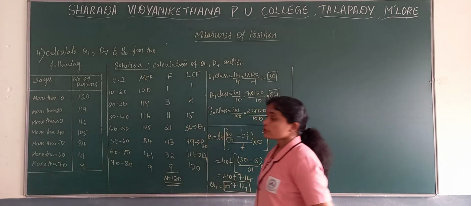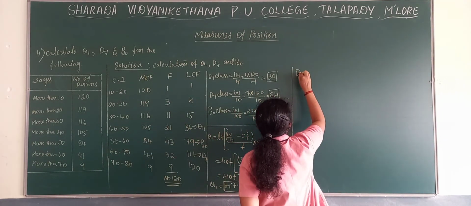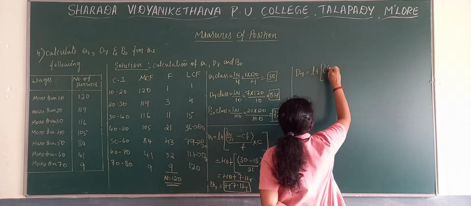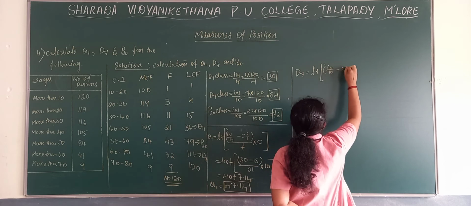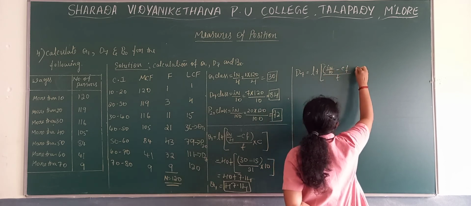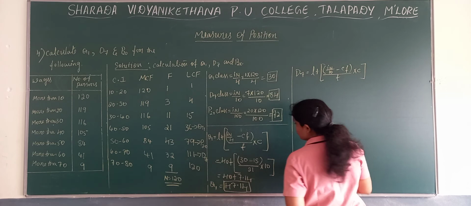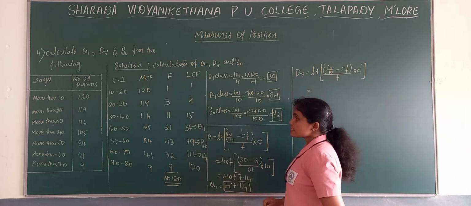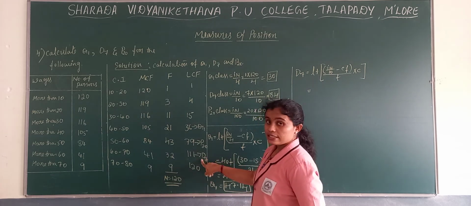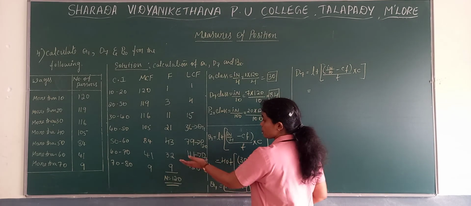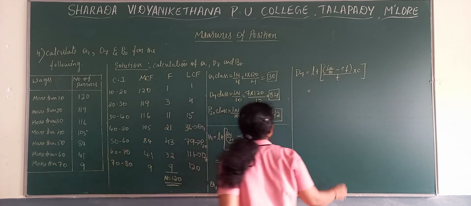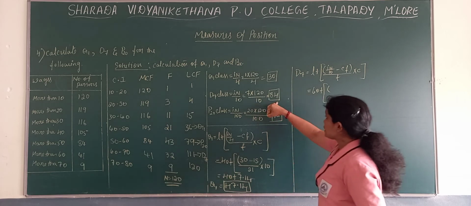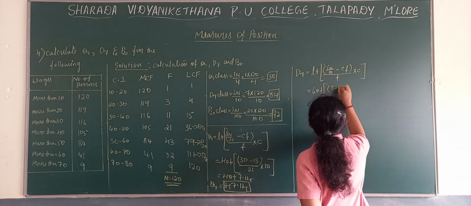Now next one, D7. Apply the formula: L plus IN by 10 minus CF into frequency into C. Now see which is the D7 class. Here the D7 class is where LCF is 111. So the lower limit is 60 plus IN by 10, that is 84, minus CF.